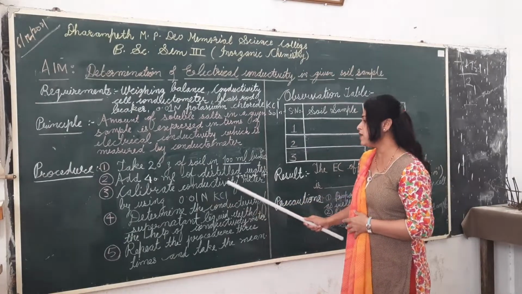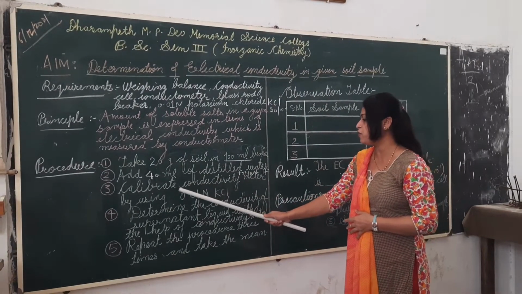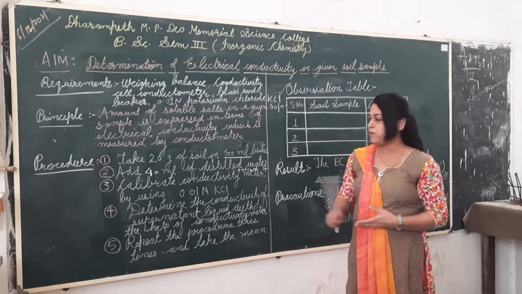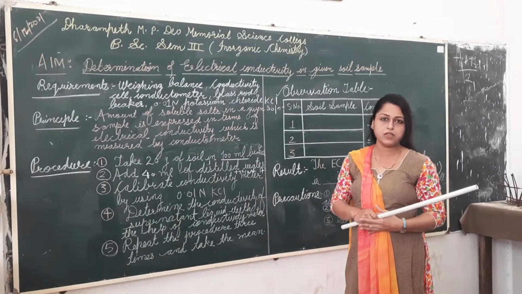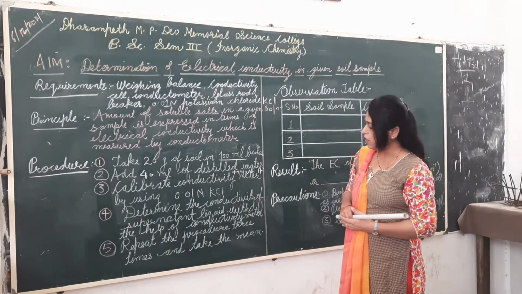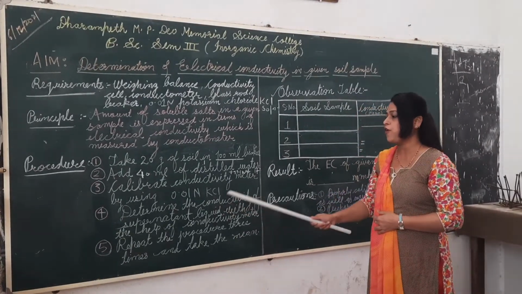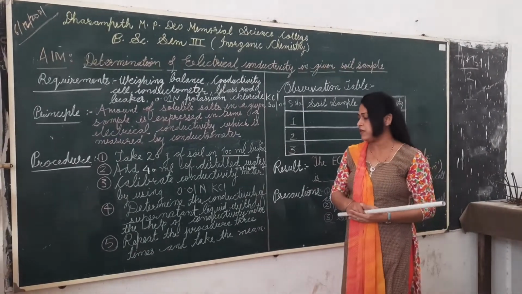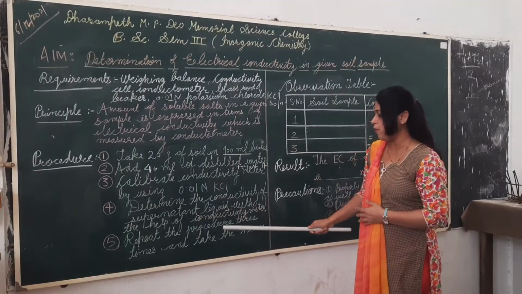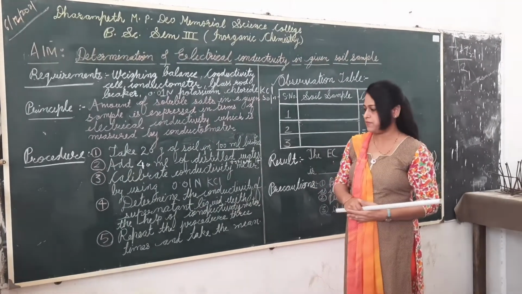Then calibrate the conductometer by using 0.01 normal KCl solution.